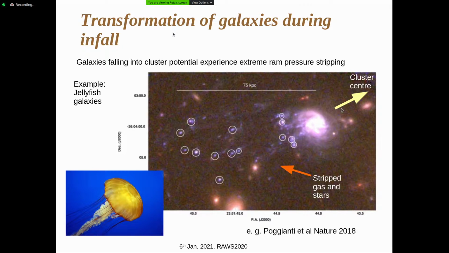So these galaxies basically lose most of their gas and the blue stars, and when they end up as members of the cluster, they are these red galaxies, mostly with dead stars and essentially no gas. So the discovery of jellyfish galaxies is really telling you that there is this transition population of galaxies when they fall in the clusters.